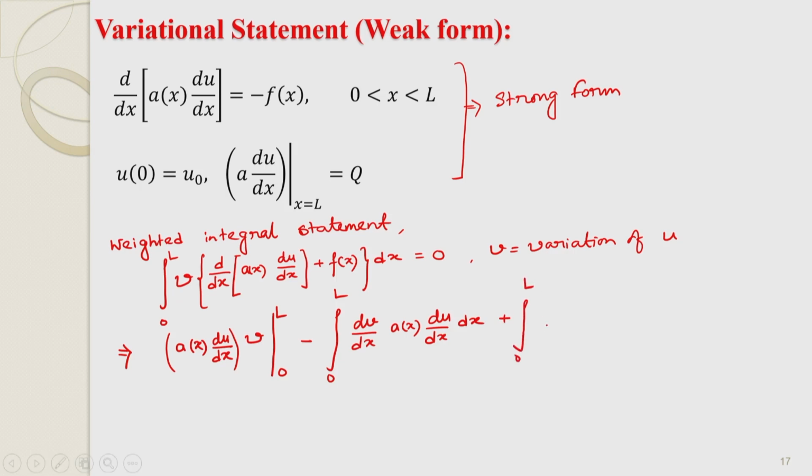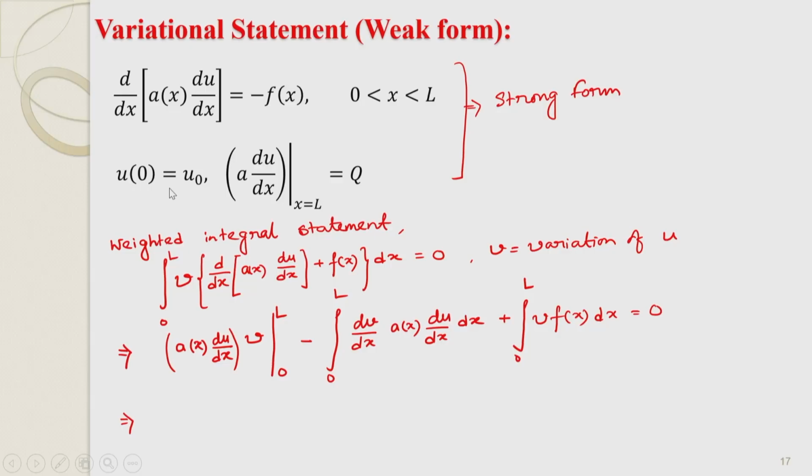The other term remains as it is, that is v f x dx. Now, here from the boundary conditions we can see that u is prescribed at 0. So, when u is prescribed, then we know the variation at that point is 0.